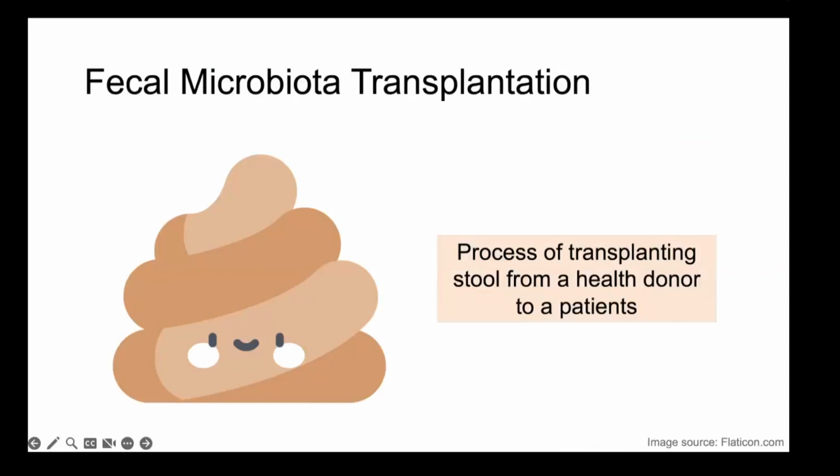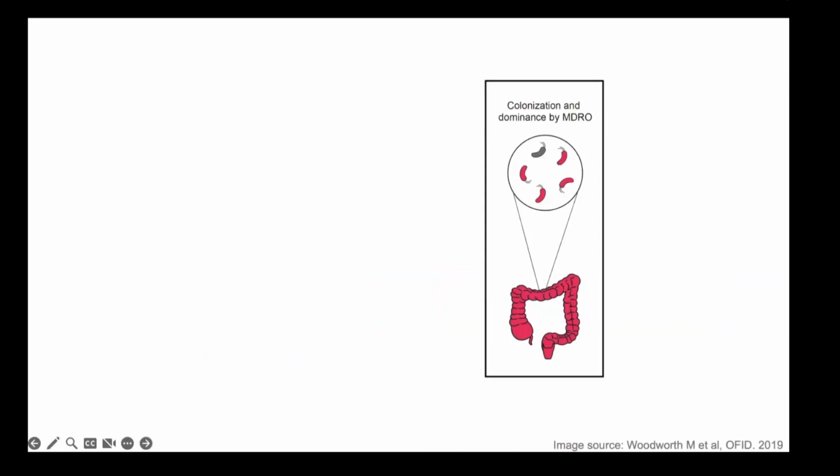Typically, at least now, when people talk about microbial therapeutics, for the most part we're talking about fecal microbiota transplantation, or FMT. This is the process of transplanting stool from a healthy donor to a patient, and it's one of the most straightforward ways to manipulate the gut microbiota.